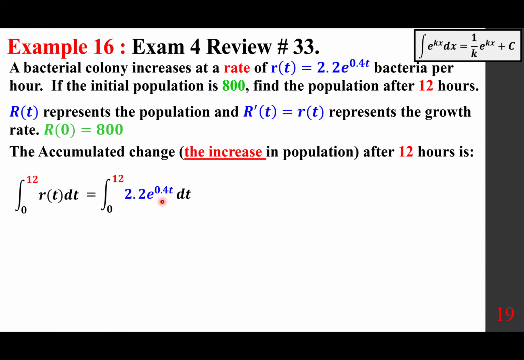Because it's exponential, the derivative and the integral are the same. In the case of integration, we're going to divide by k, 1 over k times e to the power of kx. We're going to divide by 0.4. So we get 2.2 over 0.4 e to the power of 0.4t, evaluated from 0 to 12.